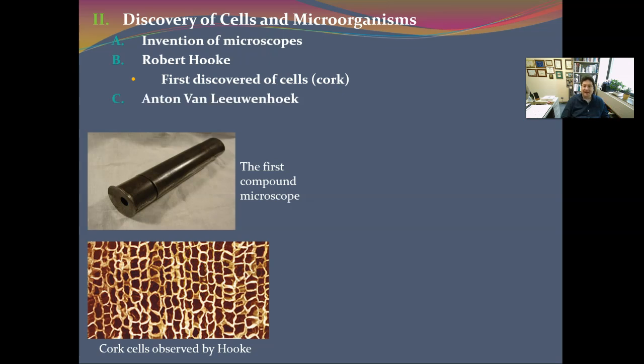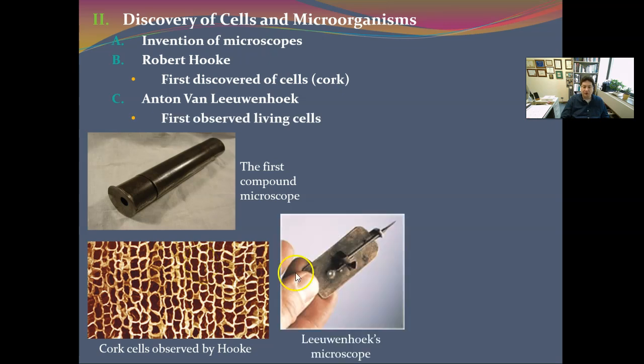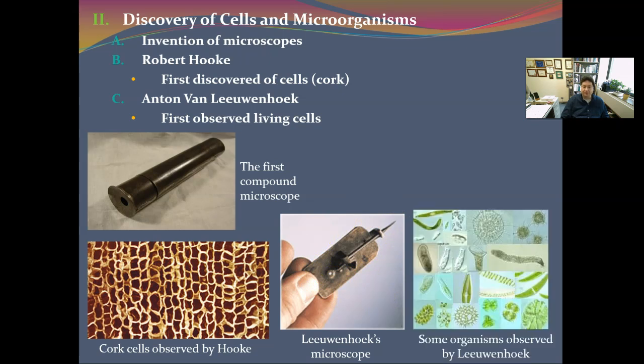Around the same time, a Dutch microbiologist named Anton van Leeuwenhoek is the first person to observe living cells. He used a microscope of his own design, this microscope, and that is to scale, to observe a drop of pond water that had been sitting out for a while, and he saw all kinds of little microscopic critters moving around in there. Of course, we know today he's looking at mainly protozoans and algae.